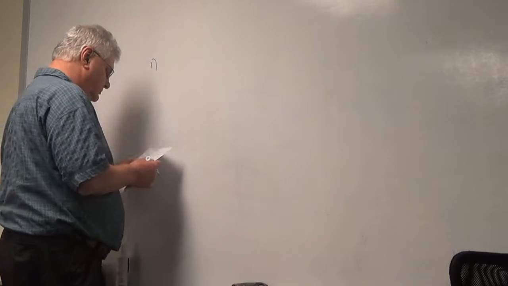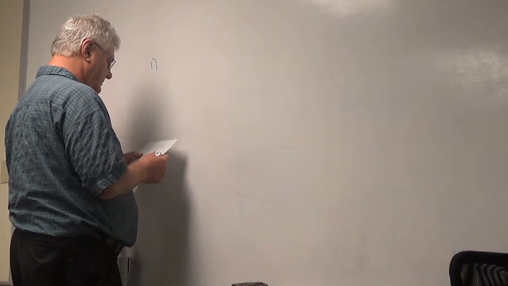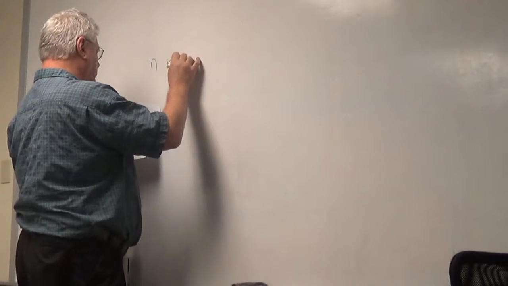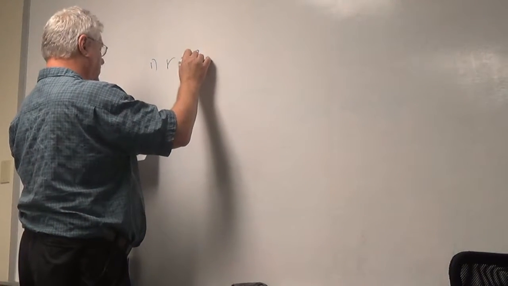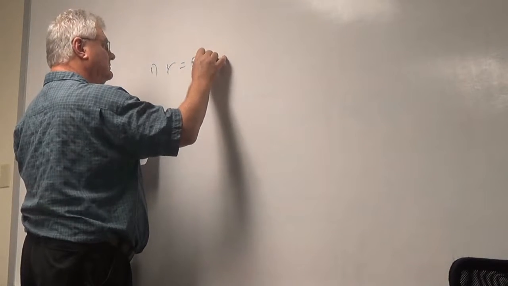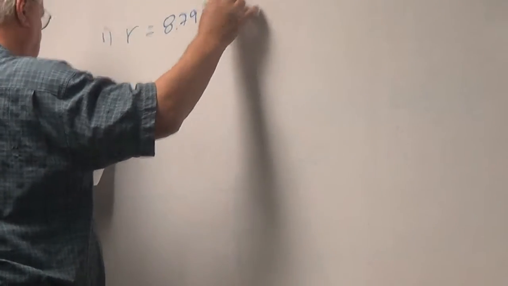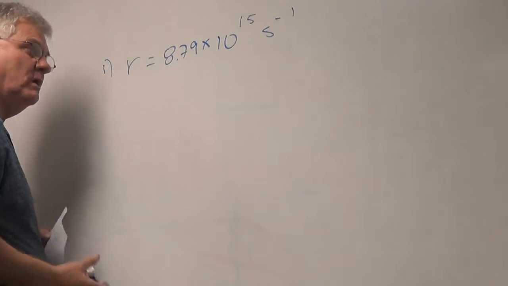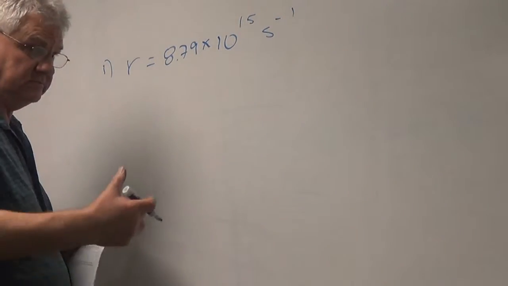So we know that the frequency, nu, the Greek letter nu, is 8.79 times 10 to the 15th reciprocal seconds. That means 1 over seconds, or cycles per second.